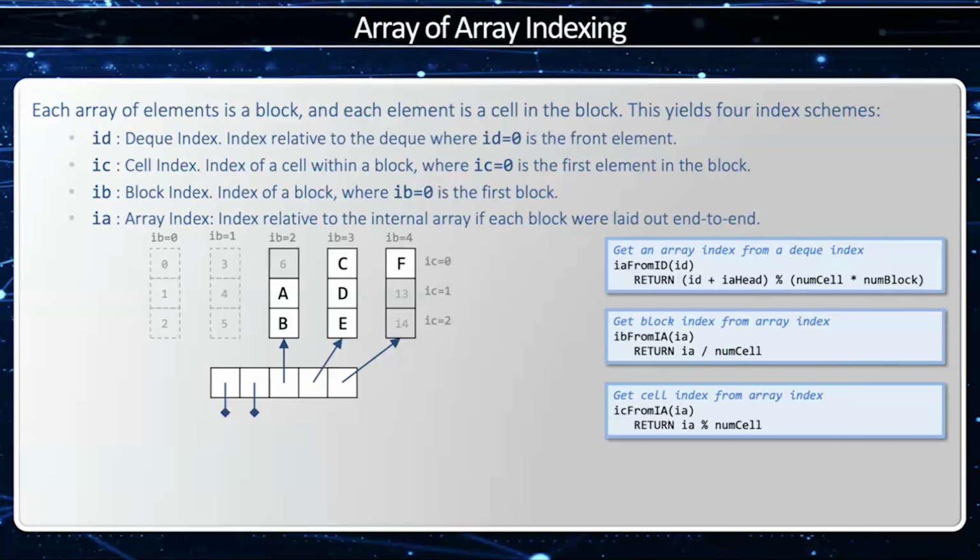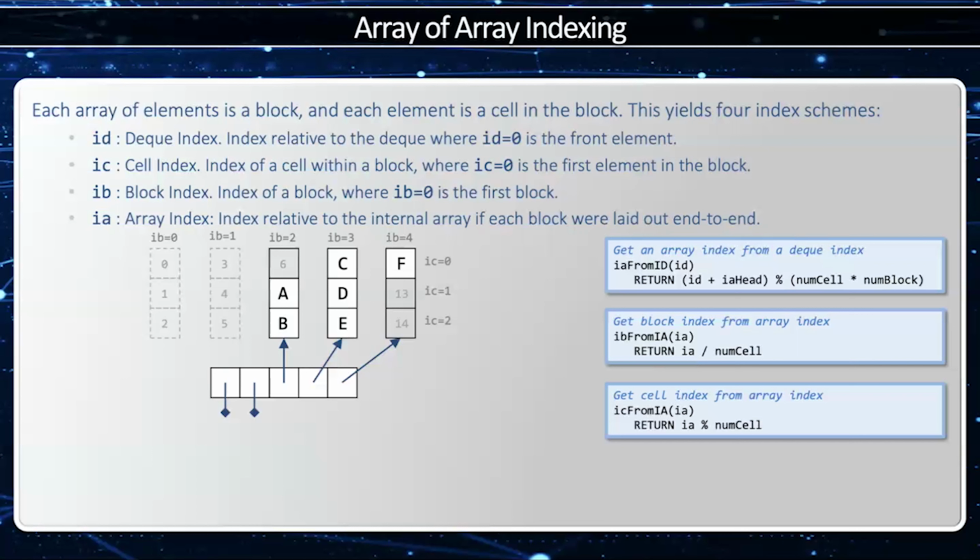My array indices are what would happen if I put the blocks back to back next to each other in memory. And you can see the array index are 0, 1, 2, 3, 4, 5, 6, and then A is in slot 7. Now here, I can always compute my array index for my Deque index by taking my Deque index and add IA head or IA front, and then mod it by the number of elements I could have before I reallocate, which is number of cells times number of blocks.